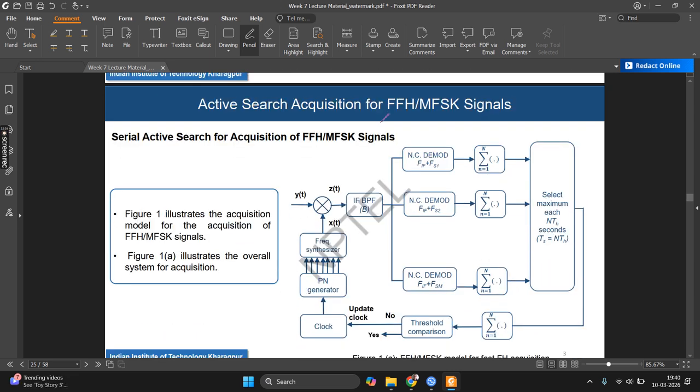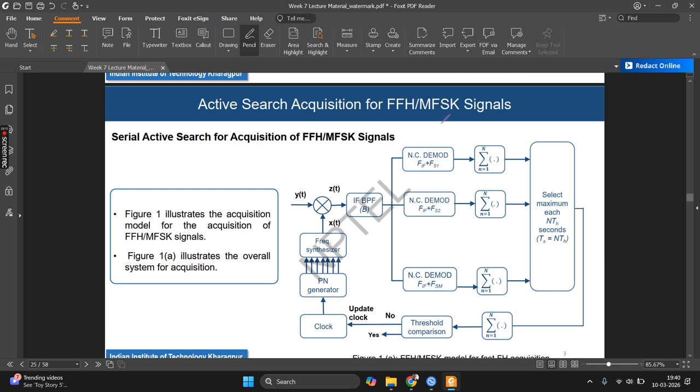Now, see this figure: this is the active serial search for acquisition of FFH, that is, a frequency hopping MFSK signal.